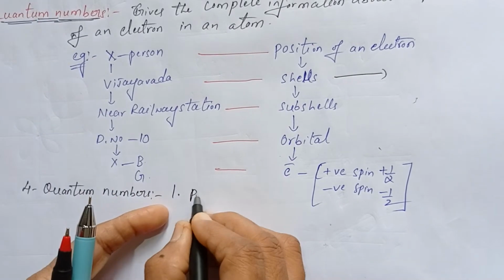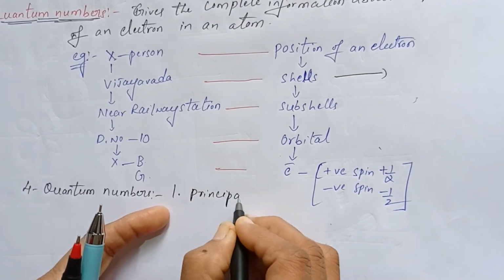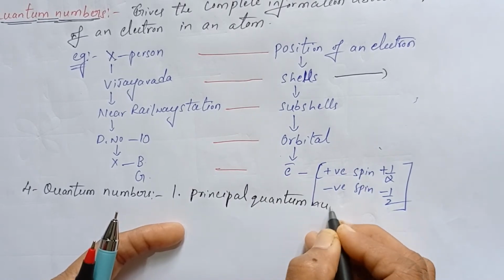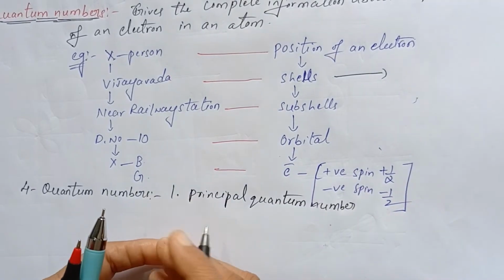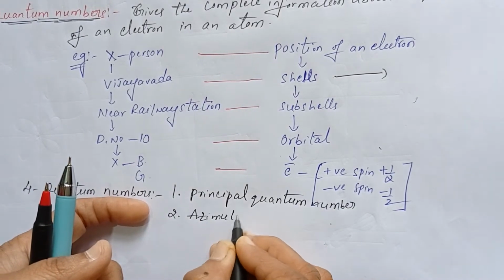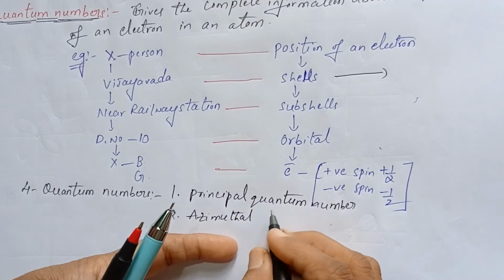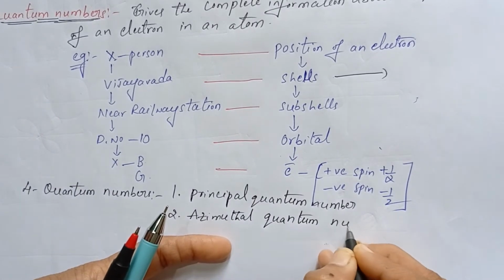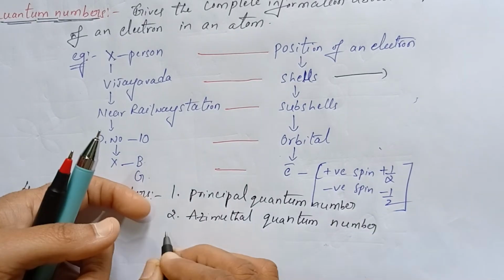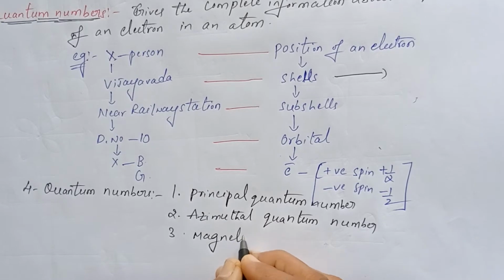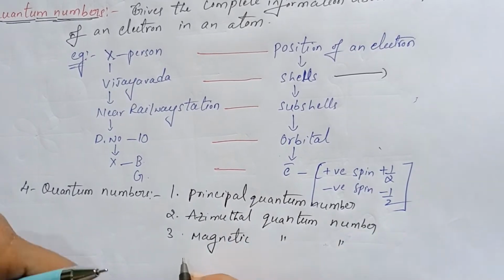First one is principal quantum number. Second one, students, azimuthal quantum number. And third one is magnetic quantum number.